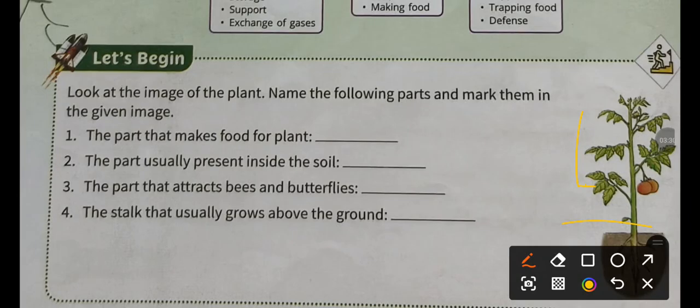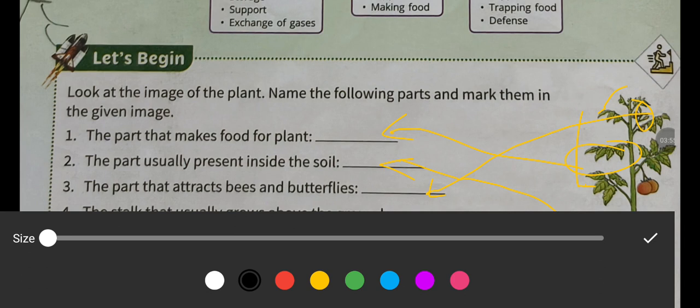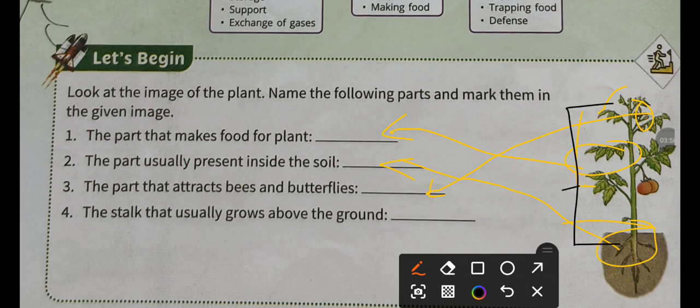So here we are, the part that usually makes food, this part usually makes food, and this part is usually present inside the soil. This attracts butterflies, and this whole stalk over here grows above the ground. This would be the whole explanation of this, isn't it?